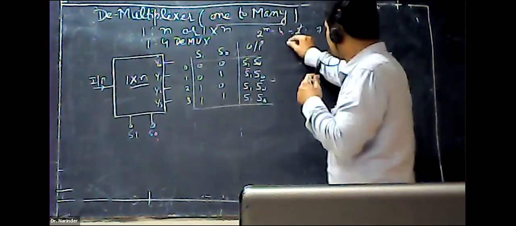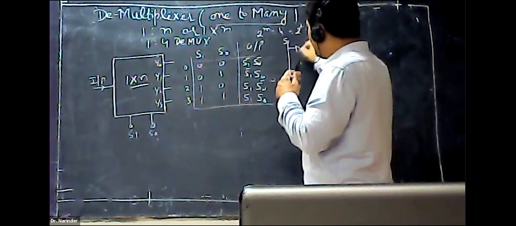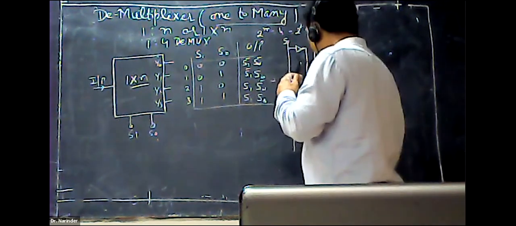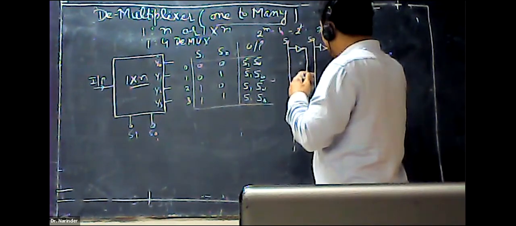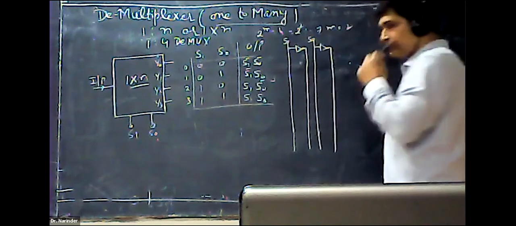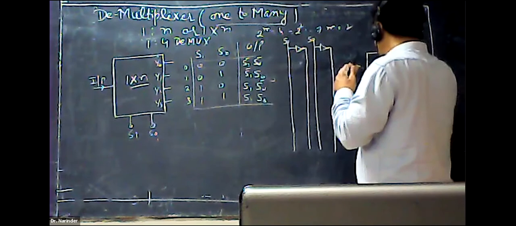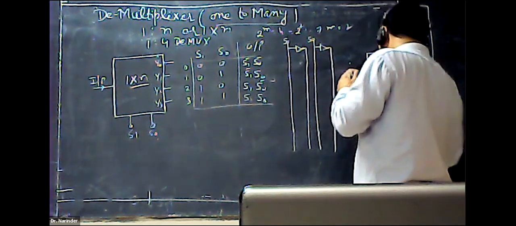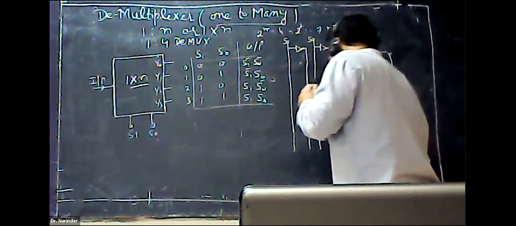We will draw its circuit diagram. S1, S1 bar, S0, S0 bar. Apply here 4 AND gates: 1, 2, 3, 4. 4 AND gates are there.